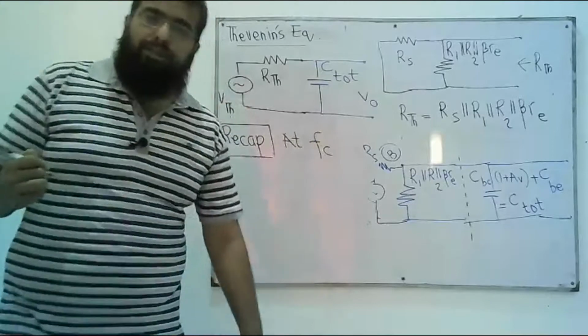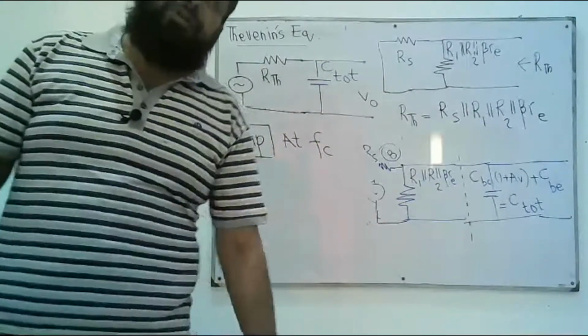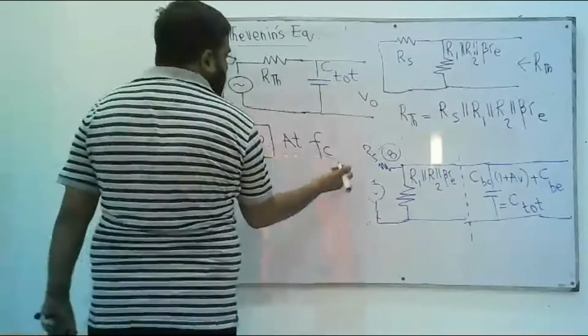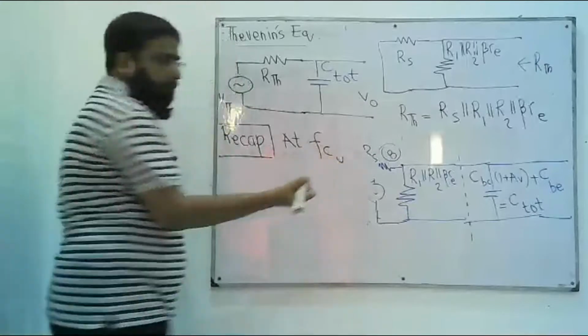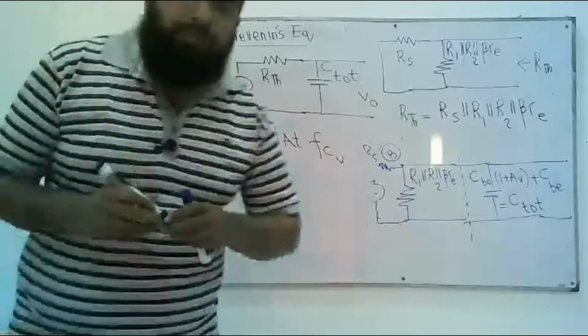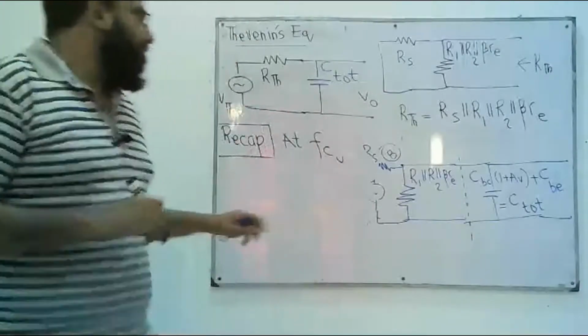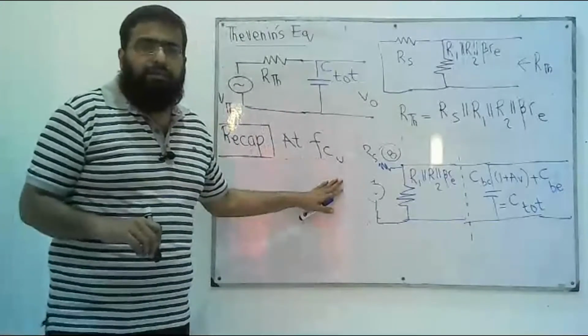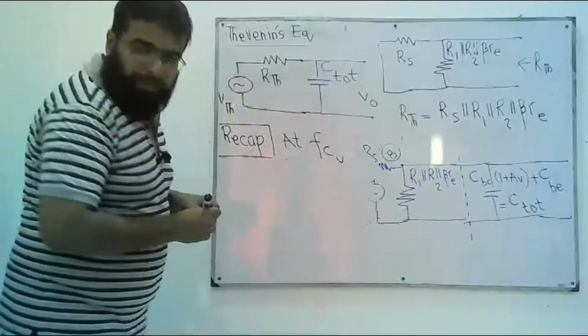For an RC circuit, what happens at cutoff frequency? Of course, at FC, and this will be FCU because it's upper, this is not L. If it is a lower cutoff frequency, we call it FCL. But here it is FCU.